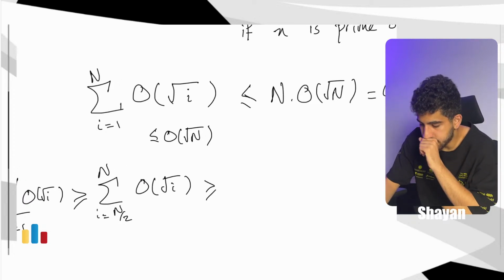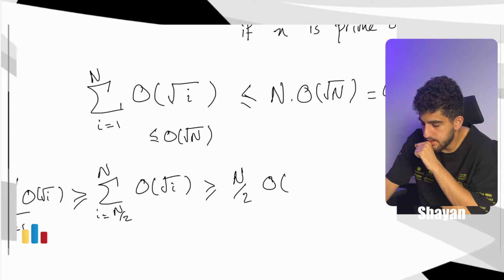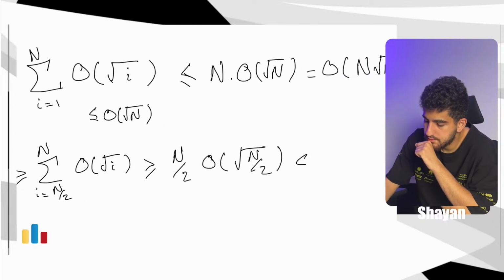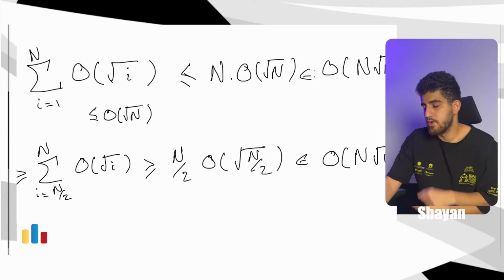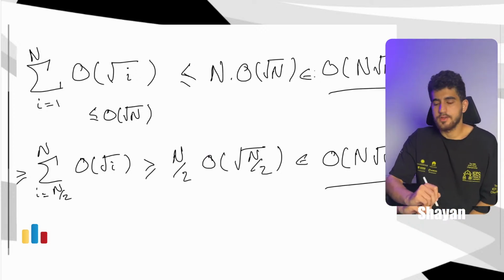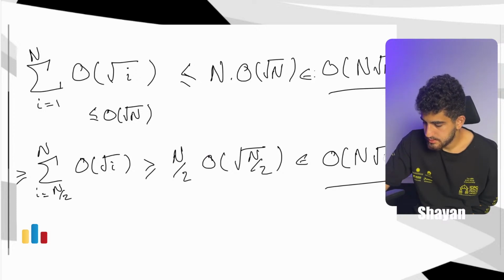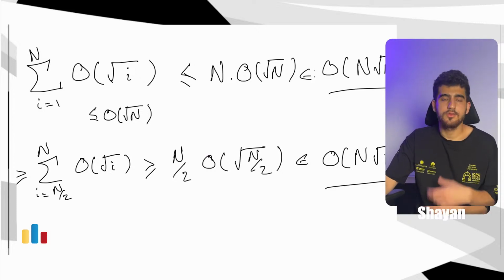This is greater than or equal to n over 2 times the square root of n over 2, which is also of order n square root of n. So the order is going to be n square root of n. We improved it from n squared to n square root of n.